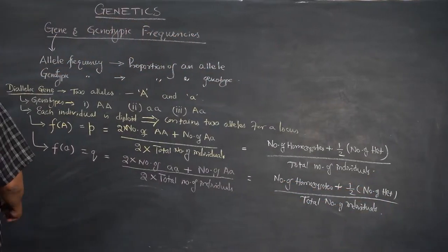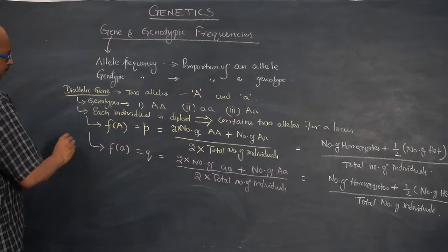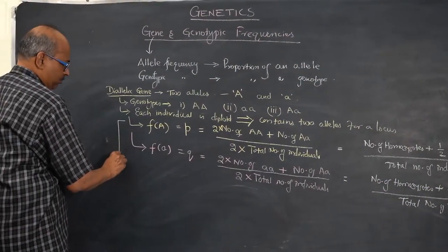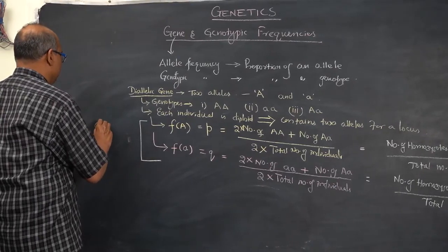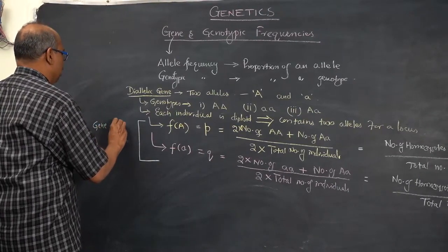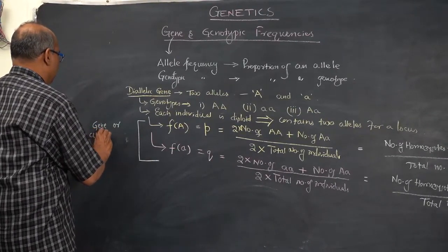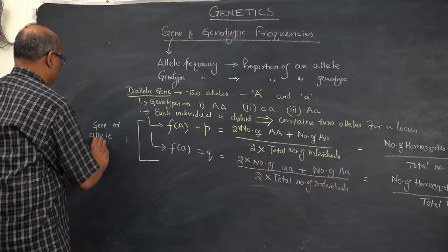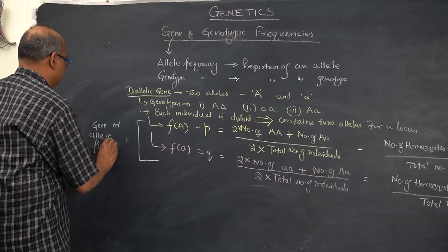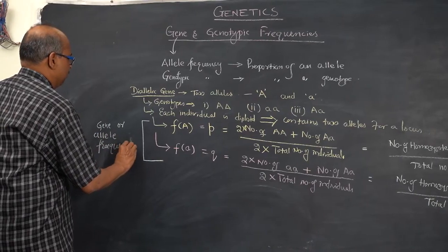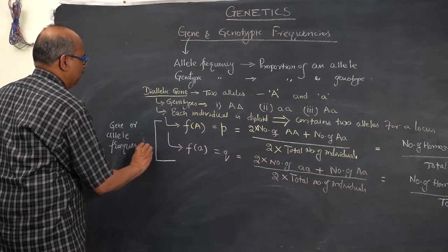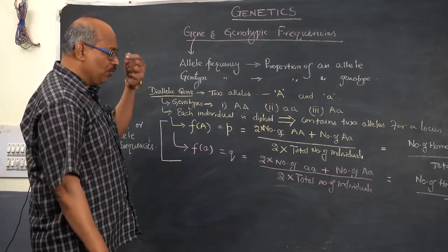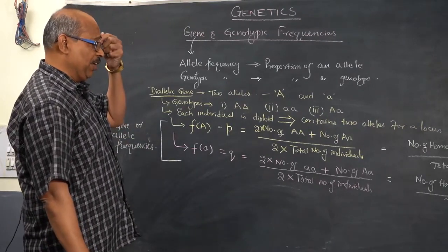So that gives us the gene or allele frequency. Now we have to find out genotypic frequency.